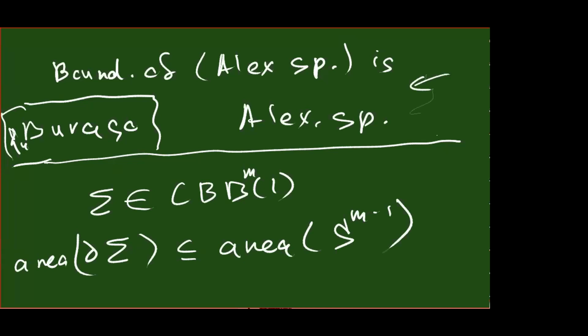If the conjecture is true, then this easily follows from it. But without assuming that it's true, you can prove this partial result.